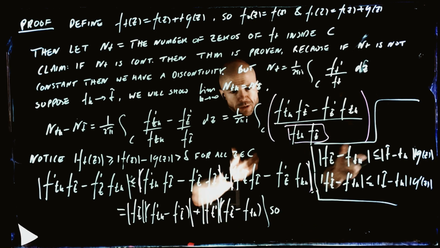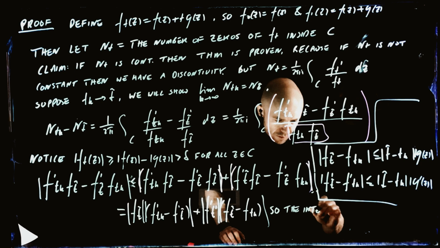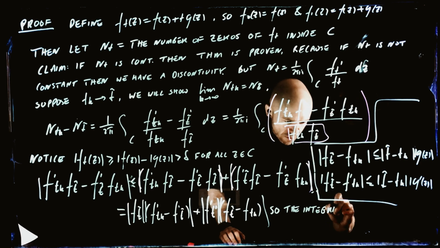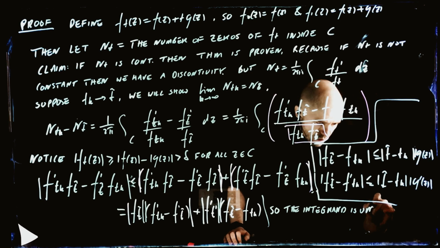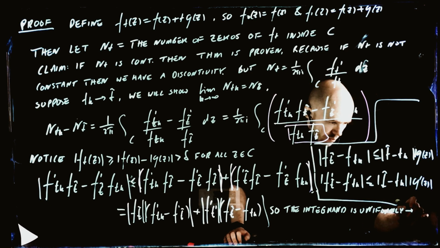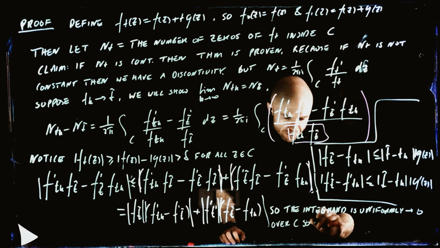The integrand, which is the thing inside the integral, over the curve C, so we can pass the limit.